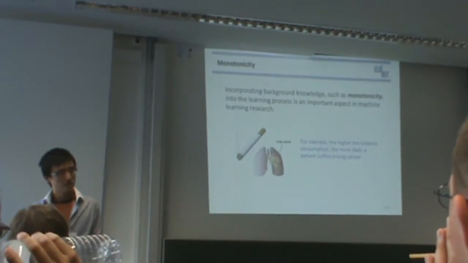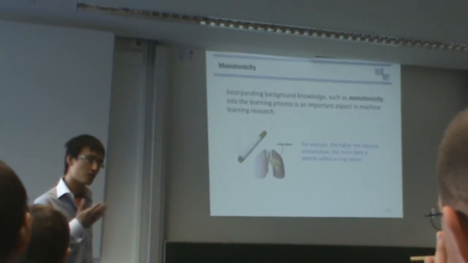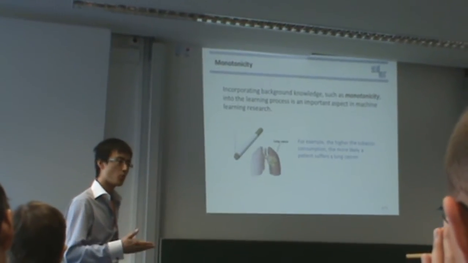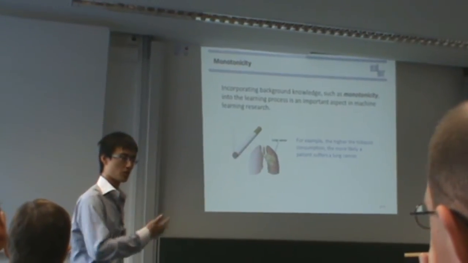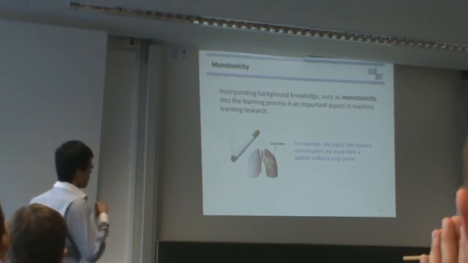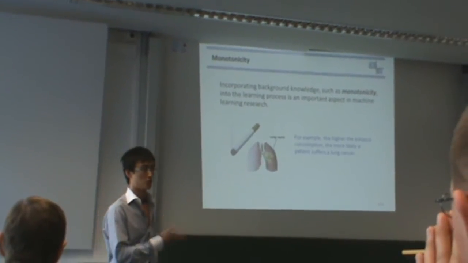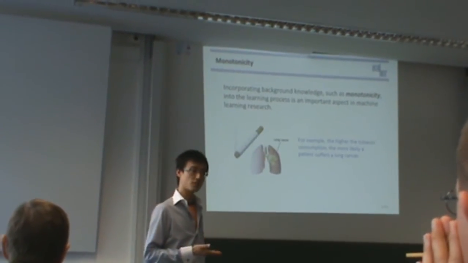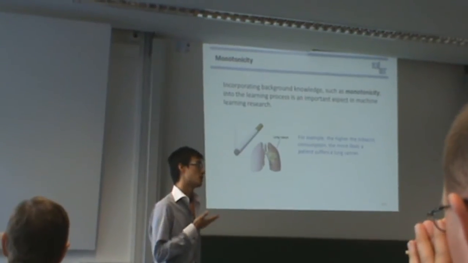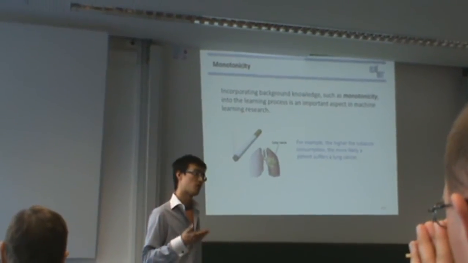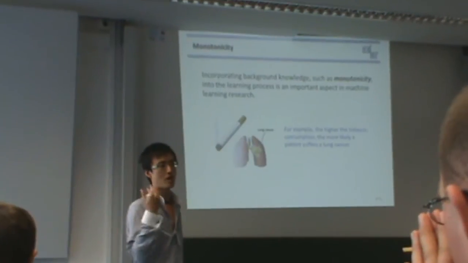Everybody working in learning probably knows that in any application, it's very important to incorporate your background knowledge into the learning process. One specific example which we consider in this research is monotonicity. Monotonicity is of course very important. For example, imagine you're designing a predictive model for a medical application.